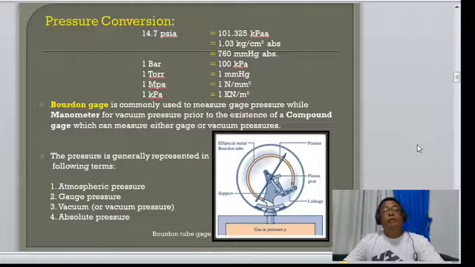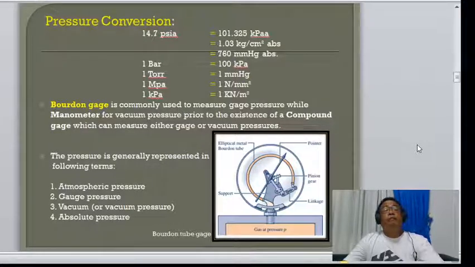For example, the Japanese use the SI units, the United States uses English units, and we have also the so-called European units used by the European countries.